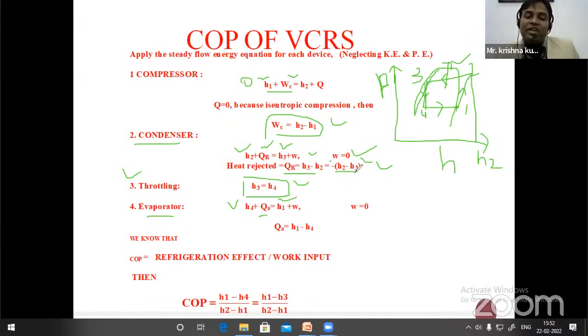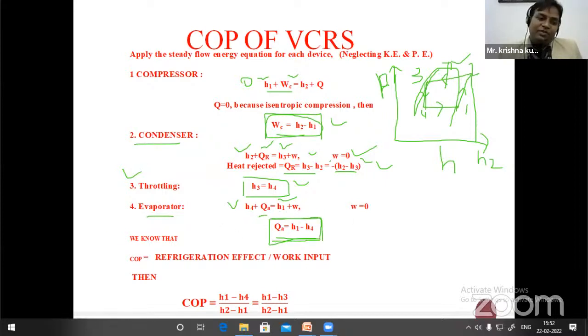But in the evaporator also we are neither giving nor taking any work, so W becomes negligible or 0. So the equation for the evaporator becomes QA equal to H1 minus H4, which is also what we call the refrigeration effect.